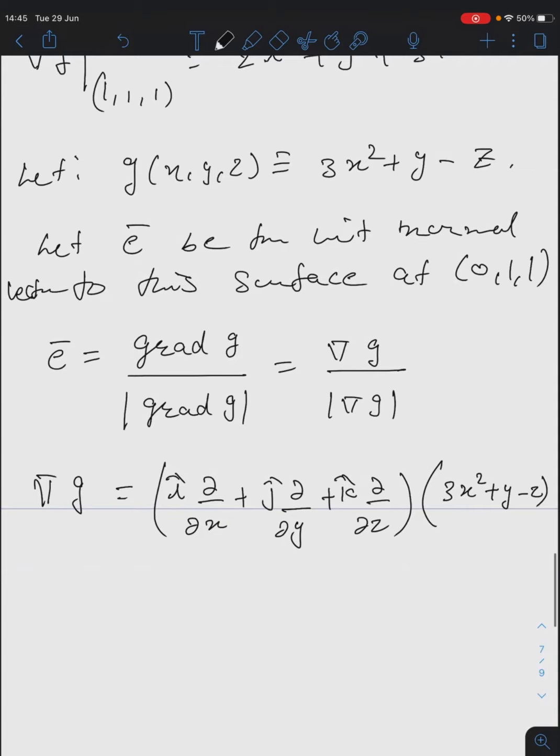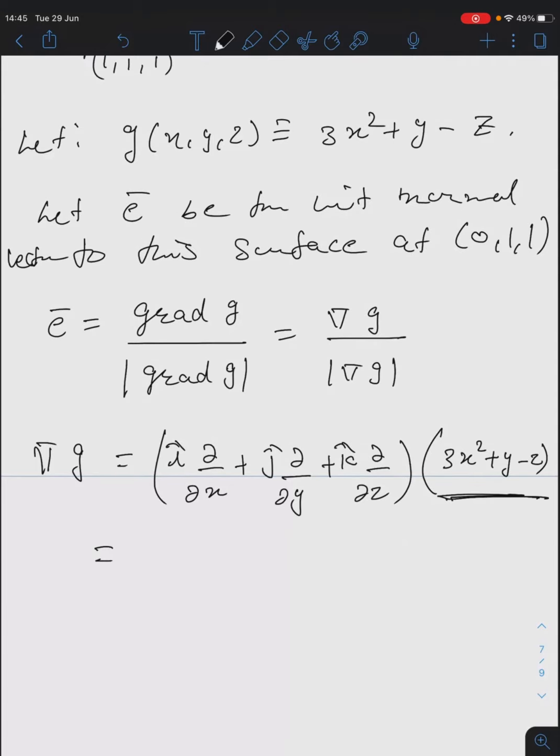So on this whole function you are applying these operators.